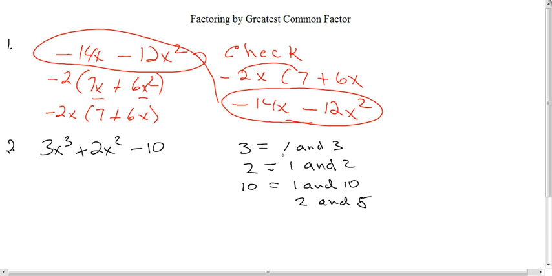Now, as we notice with these lists, the only common factor we have is 1. And factoring out 1 will not change the way the actual polynomial looks. So we can say that the polynomial cannot be factored.